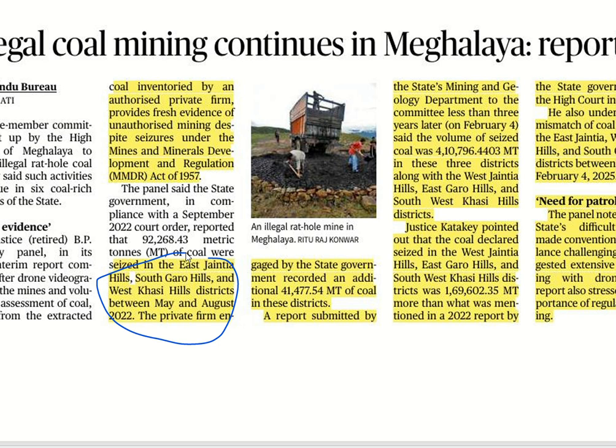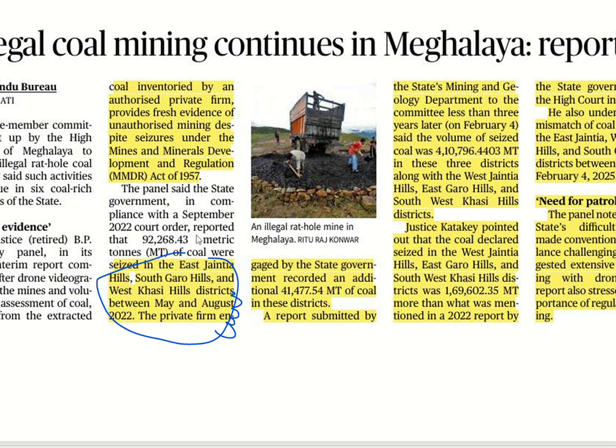Illegal means without knowledge or without government permission. This would be very challenging for that particular climate, and geographical conditions are also disturbed there.